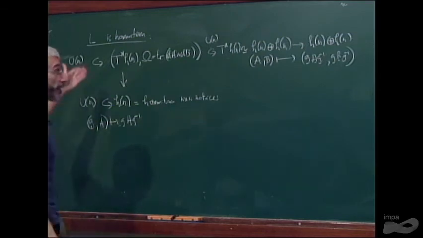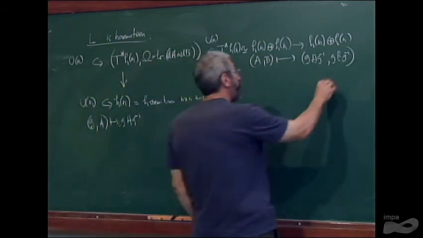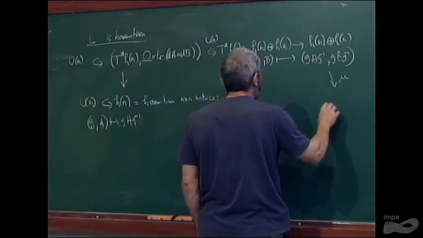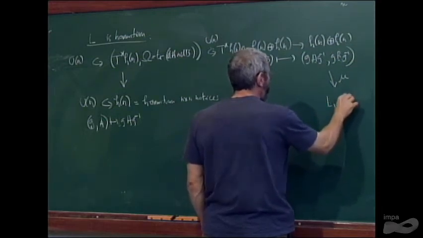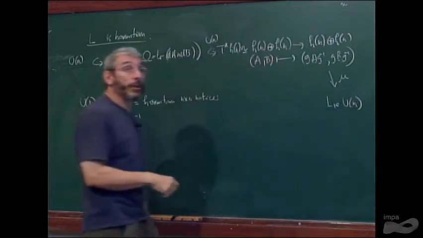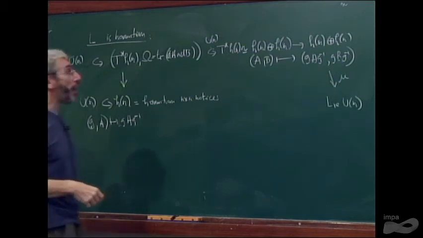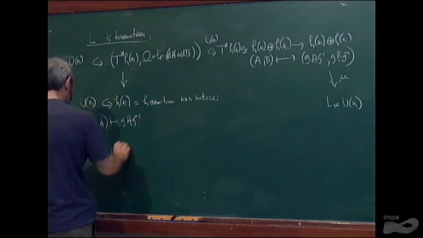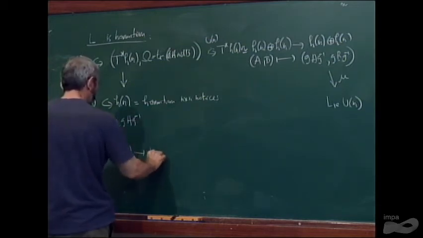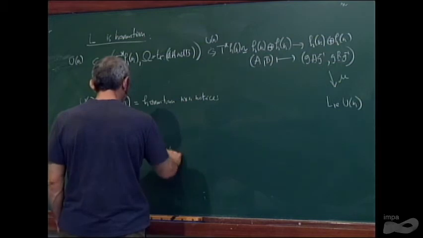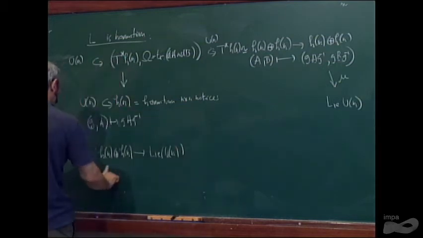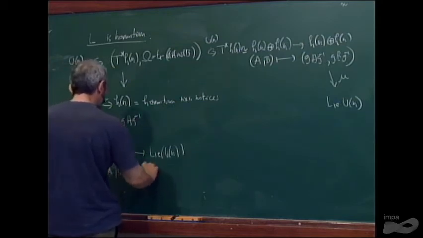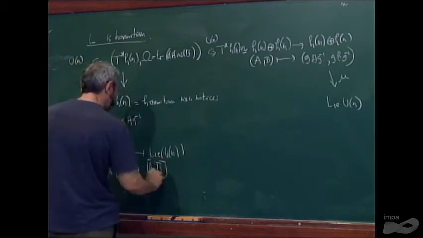Now this action, since it's a cotangent lift, is Hamiltonian, so it has a momentum map. And this momentum map is very simple to compute. Take A and B into the commutator of A and B.